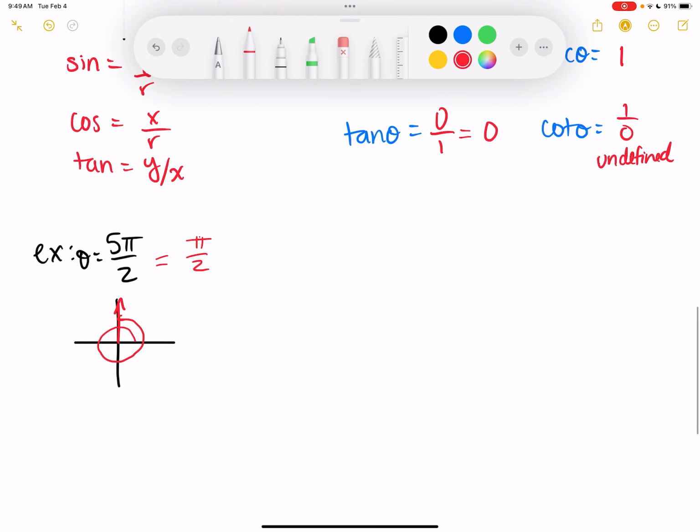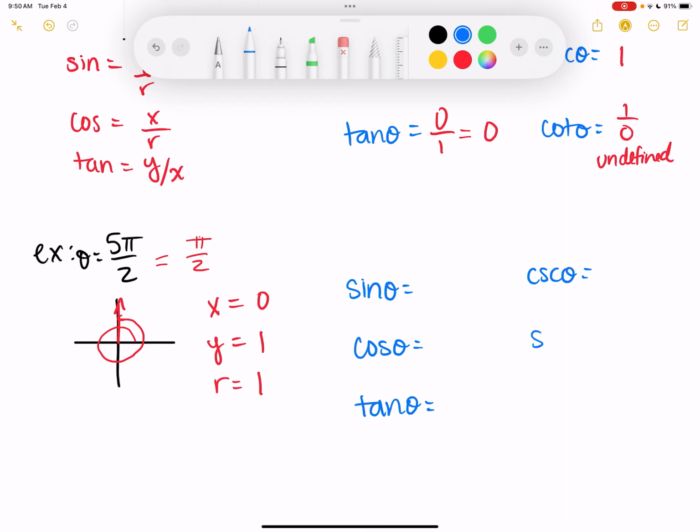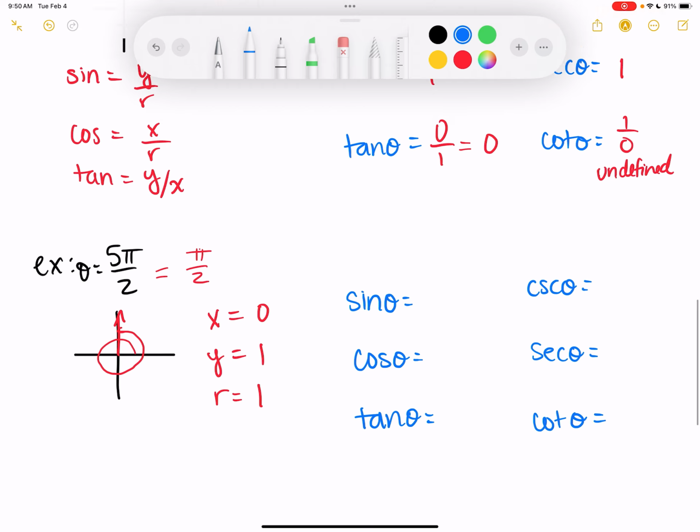So what I typically will do as far as work is I'll write out x, y, and r, if there is one. Well, there will be. X is 0, y is 1, so r has to be 1. That's typically all the work I do once I know what a quadrantal angle is, because you don't really need anything else. So sine is y over r.